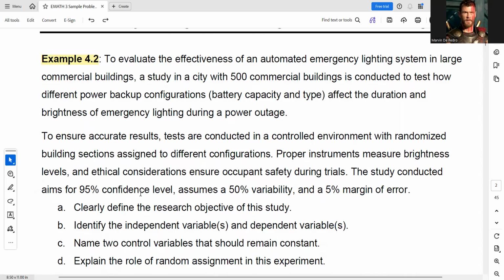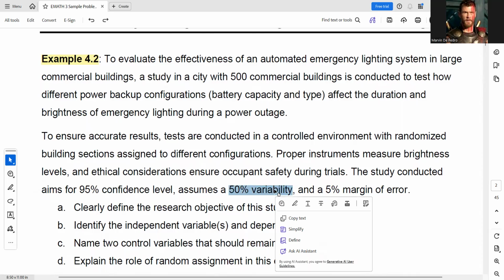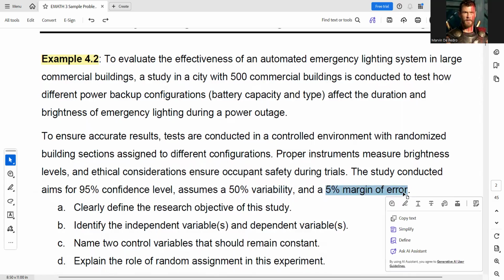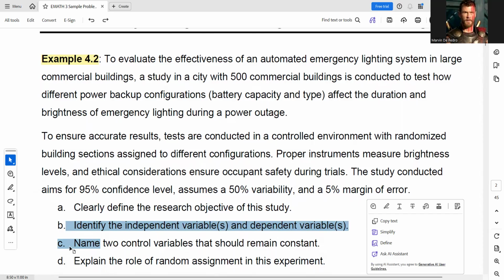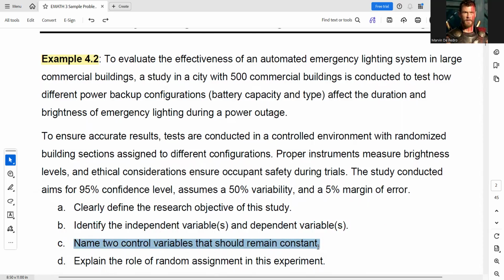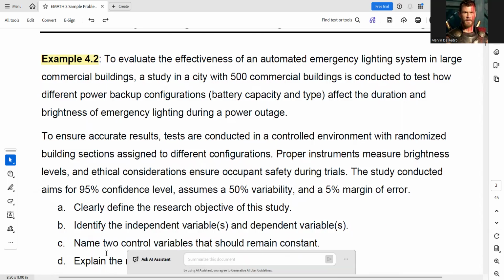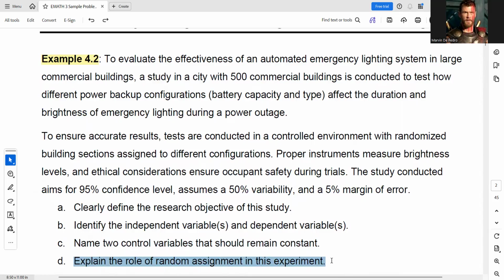The study aims for a 95% confidence level, and we assume 50% variability and a 5% margin of error. So we are asked to clearly define the research objective of the study, identify the variables, name control variables that should remain constant, and explain the role of random assignment.